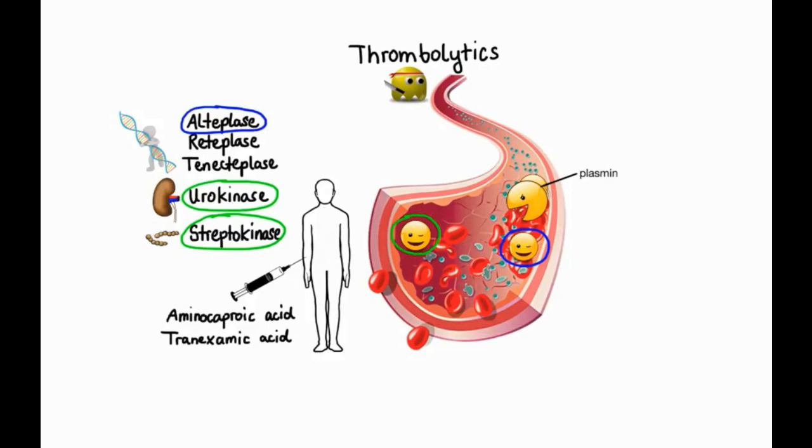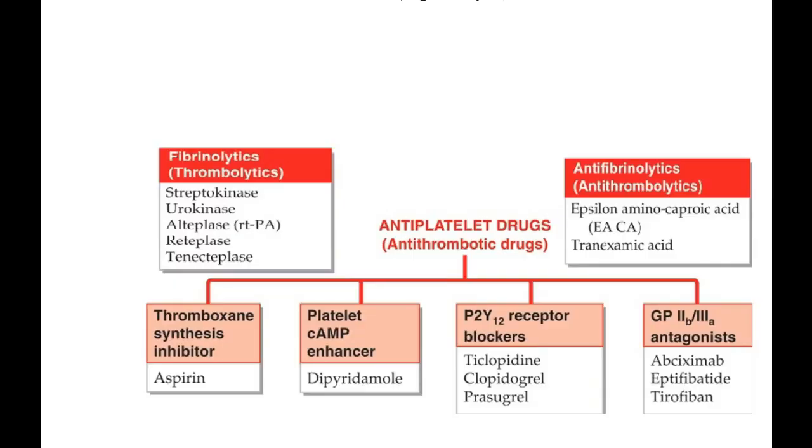And in summary, we are again revising all these very briefly. Talking about the summary of the antiplatelet drugs, we can clearly see that they were divided into the first class of thromboxane inhibitors, which was aspirin. Then the second class was the cAMP enhancer, which was dipyridamole, the third class was the P2Y12 receptor blockers, which was the ticlopidine class, and the final was the GP2B and 3A antagonists, which had tirofiban.